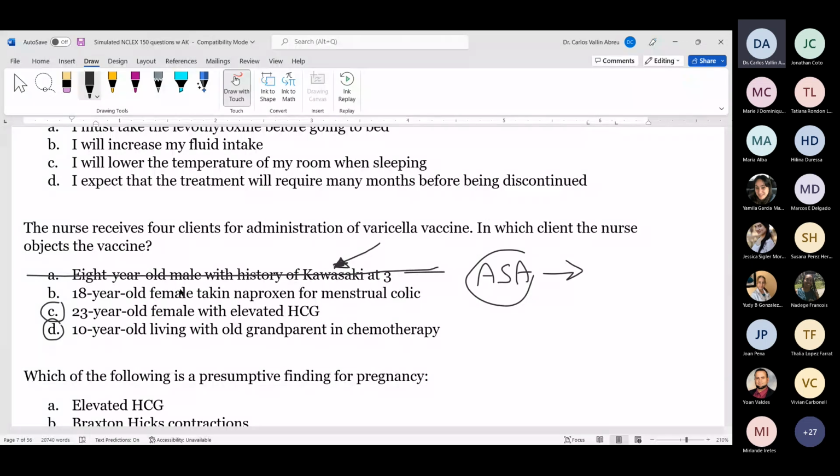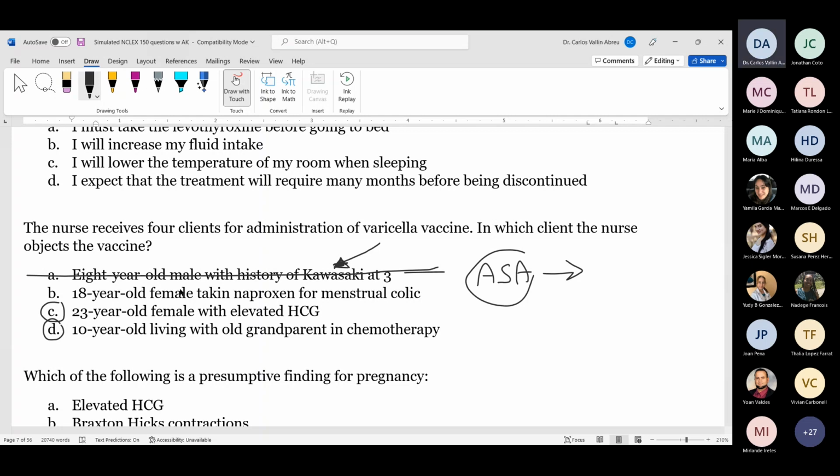If the person with Kawasaki disease is receiving aspirin, they cannot have the flu vaccine or the varicella vaccine at that moment. But once the aspirin is not taken anymore, the patient can have the vaccines. Did I explain myself correctly? Was it clear? Okay, yes.